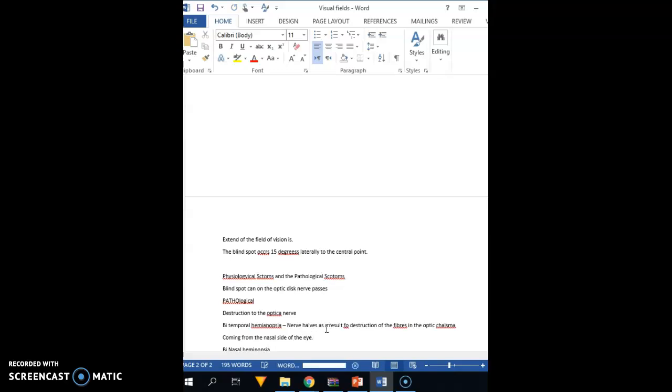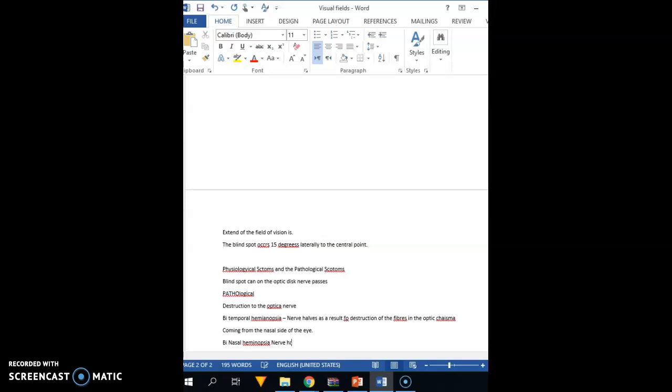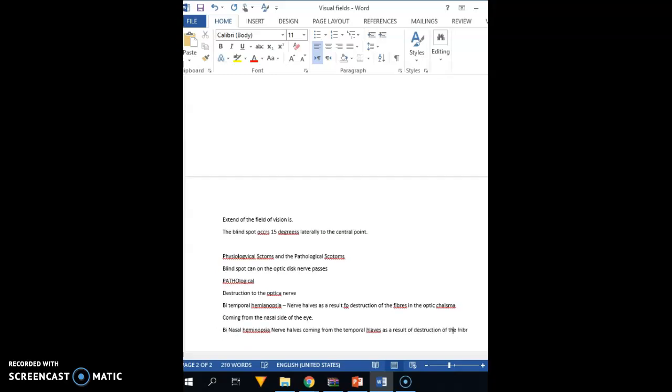And the bitemporal hemianopsia is when the halves coming from the temporal sides are affected, as a result of destruction of fibers from the temporal halves.